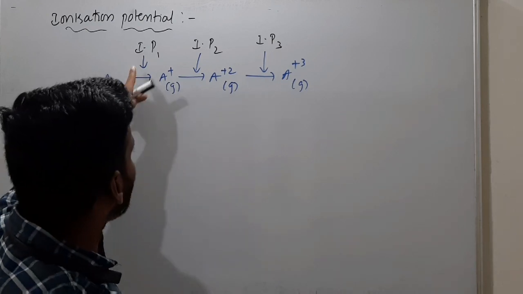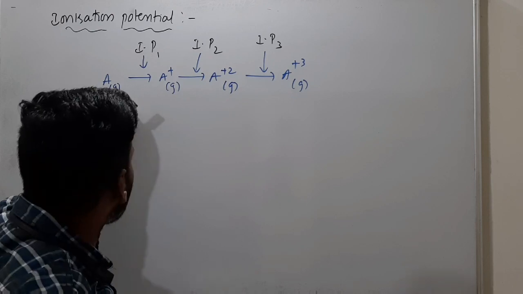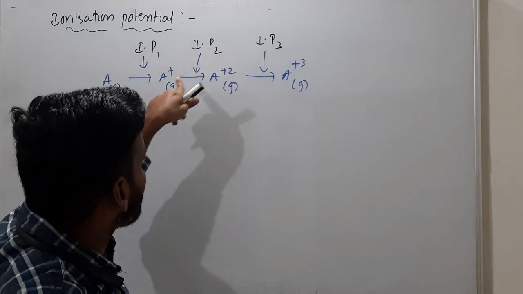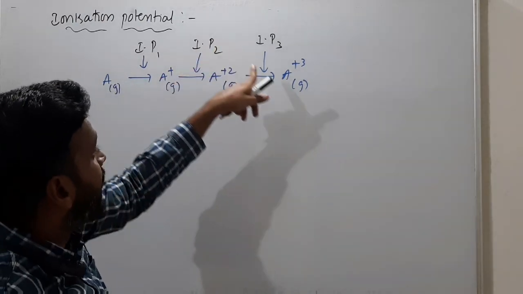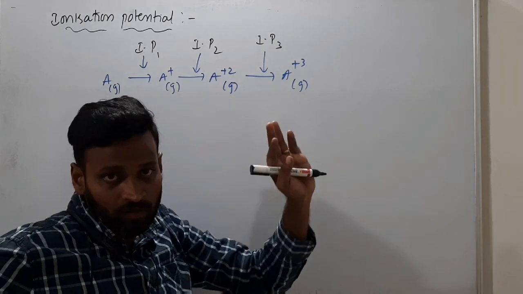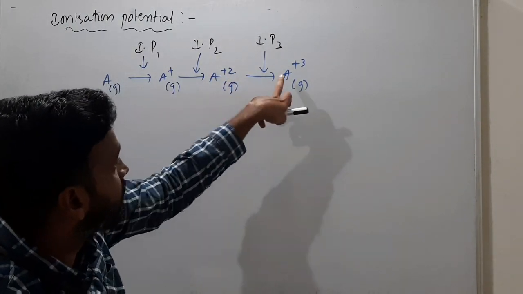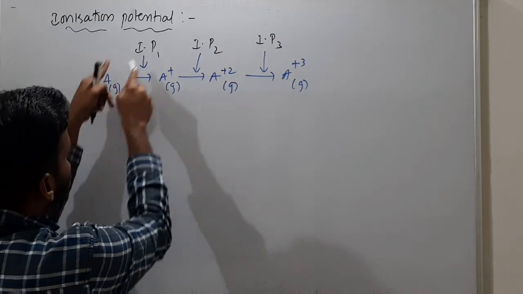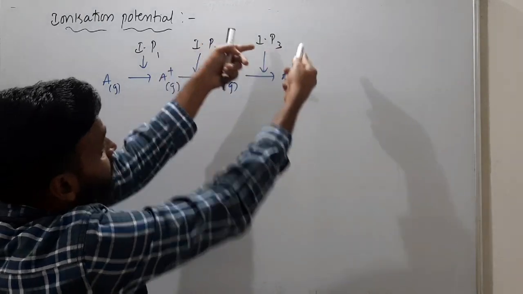So the amount of energy required to remove the valence or outermost electron from a neutral isolated gaseous state atom is IP1. If you are removing an electron from a unipositive ion, the energy is called IP2. And if you want to remove an electron from A2 plus, means bipositive ion, that is IP3. Got it? From neutral atom IP1, from unipositive ion IP2, from bipositive ion IP3.